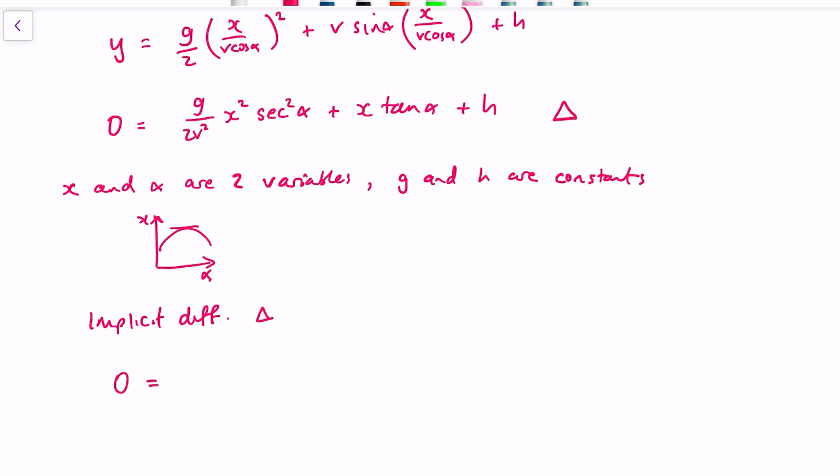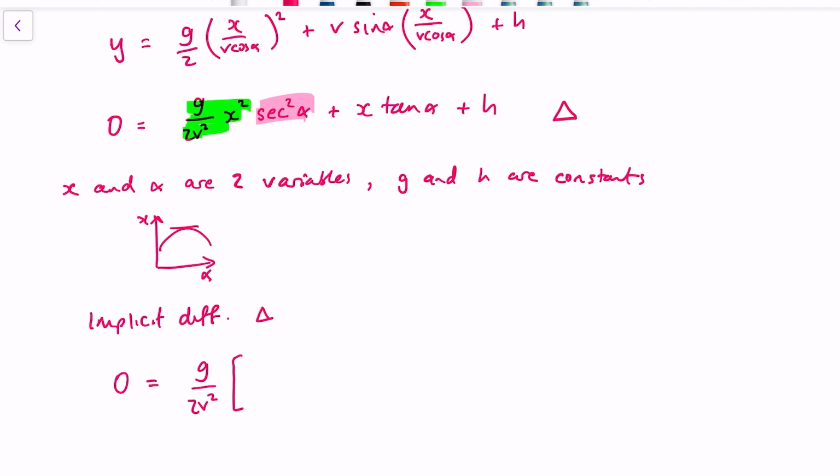Differentiating this sec squared term with respect to alpha. Okay, we have to be careful here. We've actually got two parts. We've got this part here, which is a function of x, multiplied by this part here, which is a function of alpha. It's a product rule we need. Fortunately, g over 2v squared can just sit in the front because it's a constant.